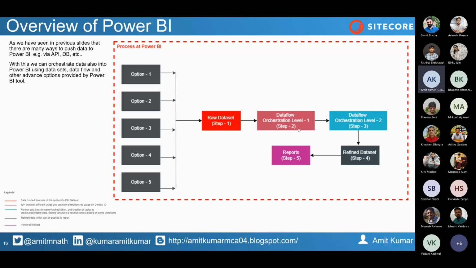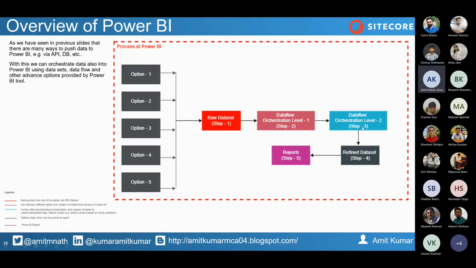If you have JSON, you just need to select a column, and whatever option you want, it will fetch all the data and create a table or rows as per your need. Then you can have another step, step 3, where you perform more granular data orchestration. For example, in step 2 you get all the contacts, but in your website maybe some test user data is also present, and you need to put a filter on which one is valid or not.